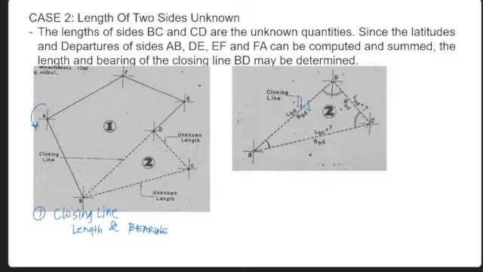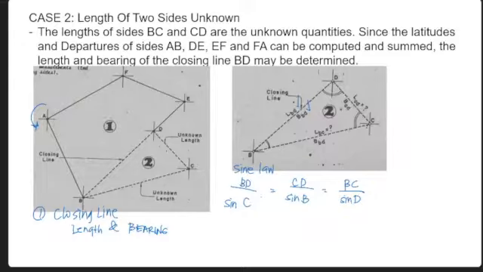So since length ang hinahanap natin, from here we can use again sine law. So we have line BD over sine, opposite angle niya is C, line CD, opposite angle niya is B, and line BC, opposite angle is sine B.